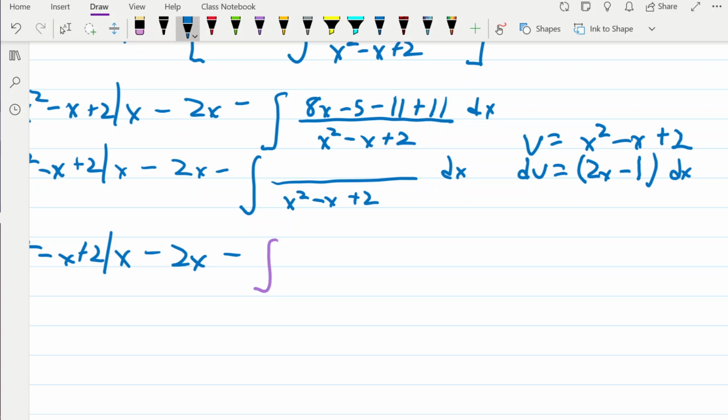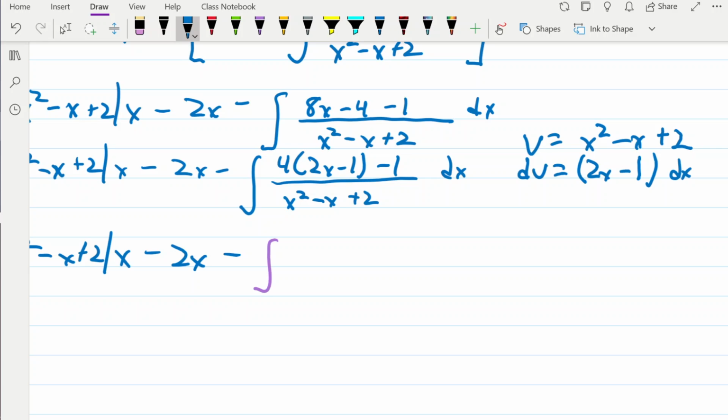Because that'll give me 16 there. No, I think I may have needed to add 1. So this will be minus 4 minus 1. Because then I can take a 4 out, then it'll give me 2x minus 1 minus 1. Okay, that is what I did wrong.